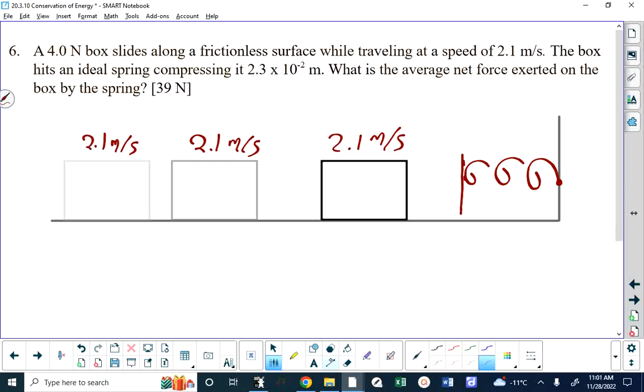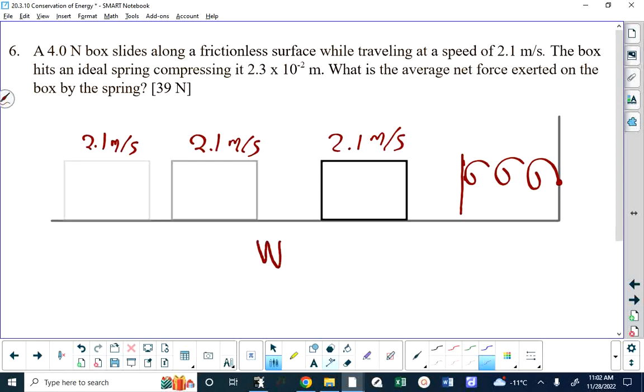So does the box, when it encounters the spring, undergo a change in energy? Yes. And there's many ways to think of this, but I'm just saying, since the kinetic energy is going to decrease to a stop, the spring is going to compress and the box will stop. That means it undergoes a change in energy.